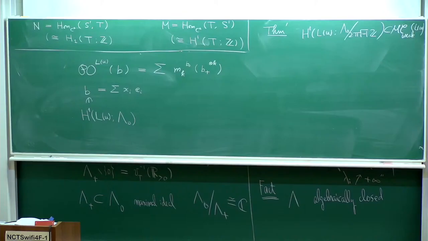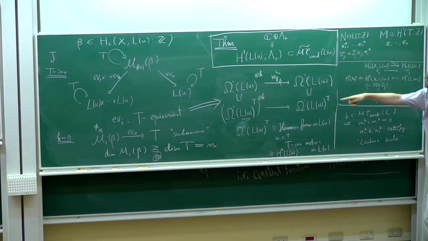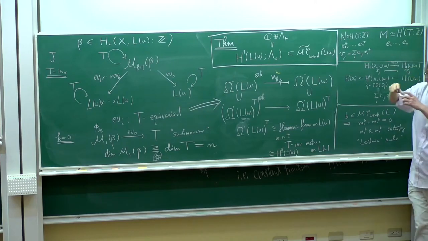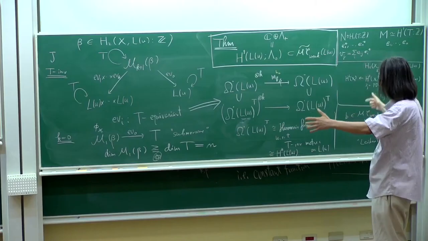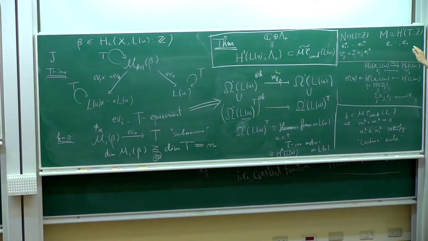Actually, I just took an integral basis of the lattice M. This lattice M is identified with the first cohomology of the torus. And because L_U is a torus orbit, the first cohomology of the torus and the first cohomology of the Lagrangian L_U are canonically identified, right? Because you can identify T and L_U up to translation, but this translation acts trivially on this.